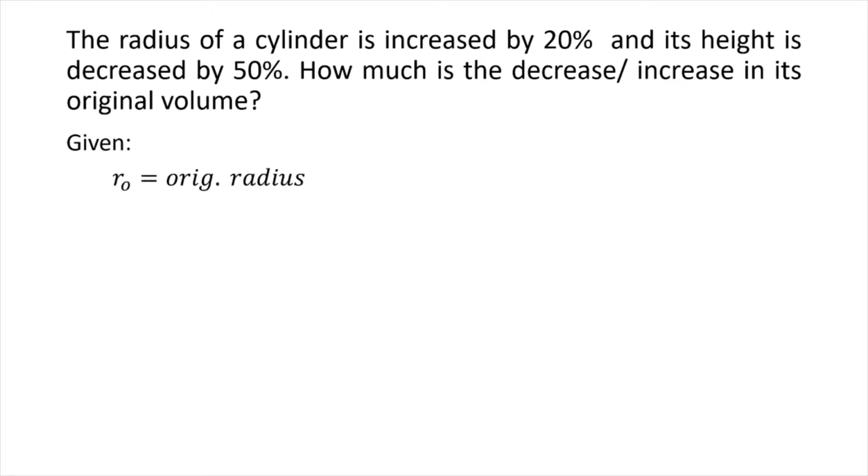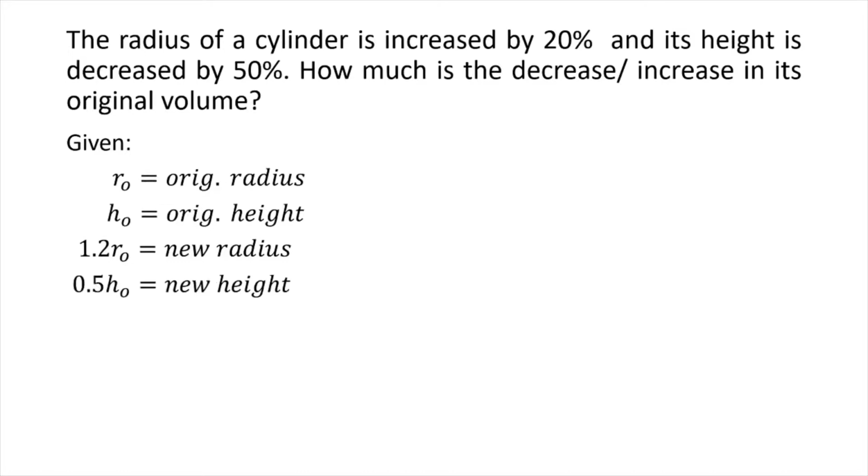So let's call the original radius r sub o, or RO, and the original height HO. Now, the radius of the new cylinder is 20% more, so that would be 1.2 RO, and the height is 50% less, so that would be 0.5 HO.